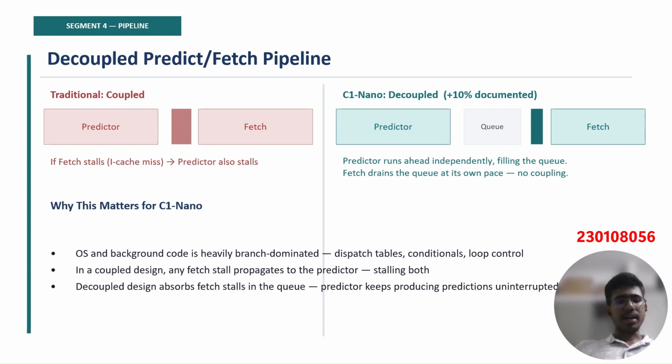And why does this matter for the C1 Nano? As the OS and background code is heavily branch dominated, such as dispatch tables, conditionals, and loop controls. In a coupled design, any fetch stall propagates to the predictor, stalling both of them. So the decoupled design absorbs fetch stalls in the queue, so that the predictor keeps producing predictions uninterruptedly.